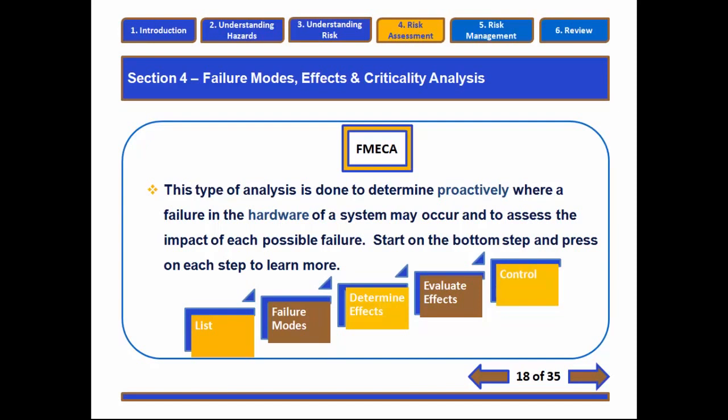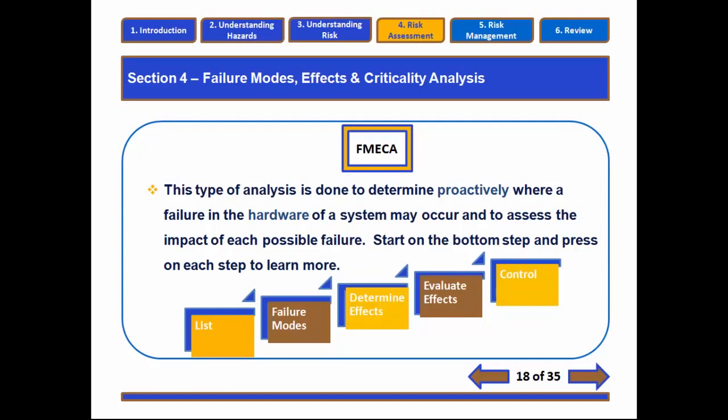In failure modes and effects and criticality analysis, we're going to be looking at the hardware side of the system primarily, and how failures in that hardware can occur, and then anticipating the impact of these possible failures.